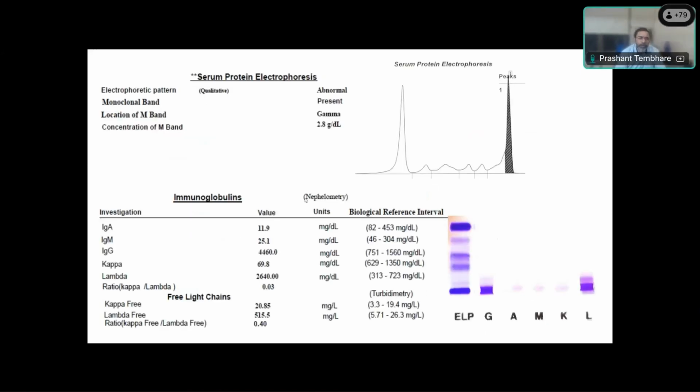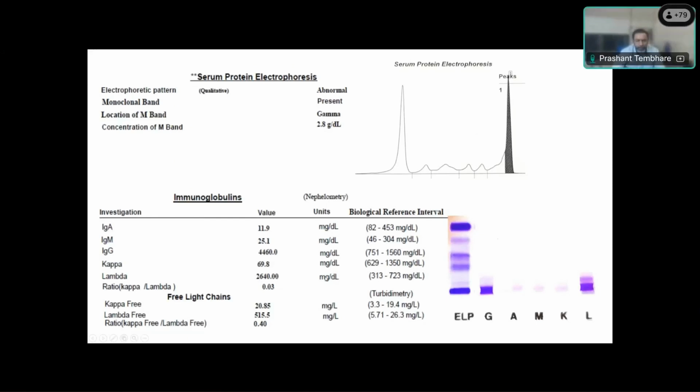So serum electrophoresis was done, because the globulin levels were high, and there was a local lesion, one single lytic lesion on the skull X-ray. You can see clearly there is a peak in the gamma region of serum electrophoresis. The M protein was 2.8 gram, and on nephelometry IgG levels were high.